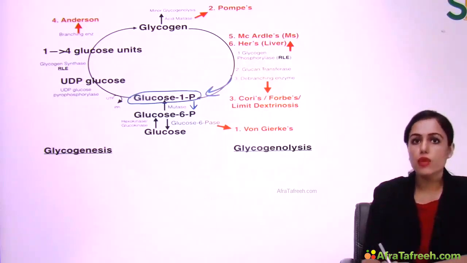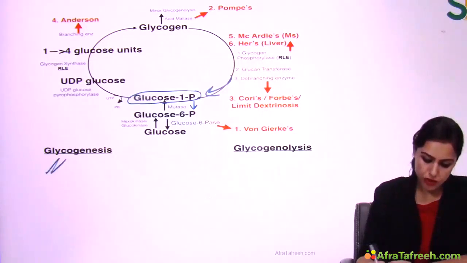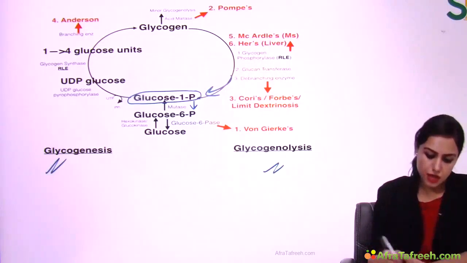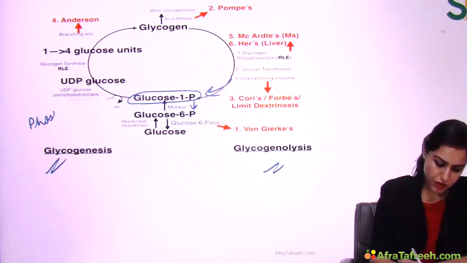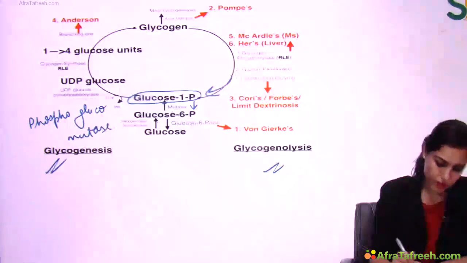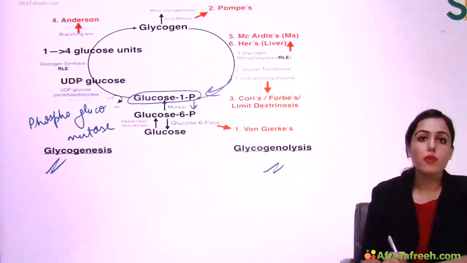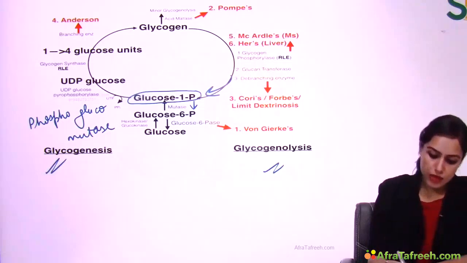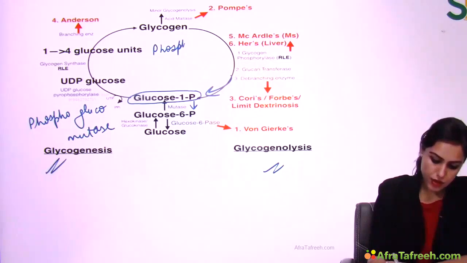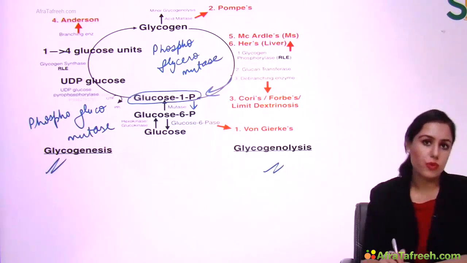So I can say this mutase is common to both pathways, glycogenesis and glycogenolysis, and the full name of this mutase is phosphoglucomutase. If you remember, we have done one mutase in glycolysis also, but that mutase of glycolysis is phosphoglyceromutase. So be careful what is given, phosphoglycero or phosphoglucomutase, right?